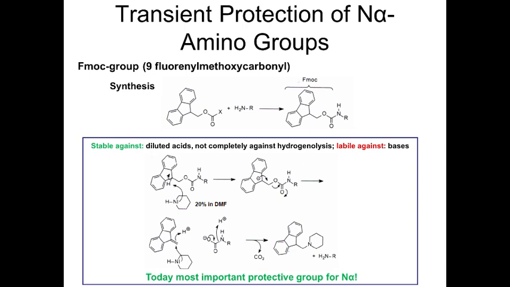In the last step, the carbamate structure is releasing carbon dioxide, and the piperidine is undergoing an addition reaction to the double bond, while the free alpha amine group is obtained after this basic treatment.